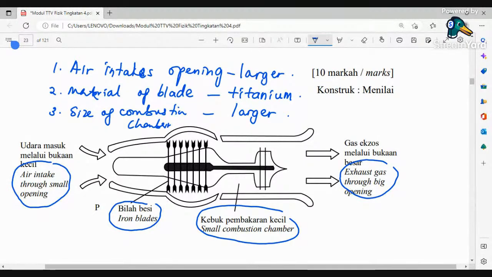Larger momentum downwards, so means it able to cause the rocket to move upwards. Okay, and then kita ada exhaust gas opening.